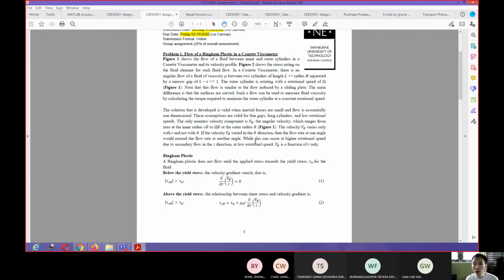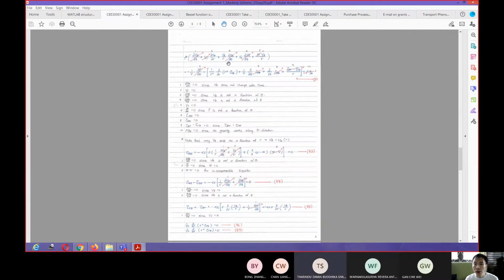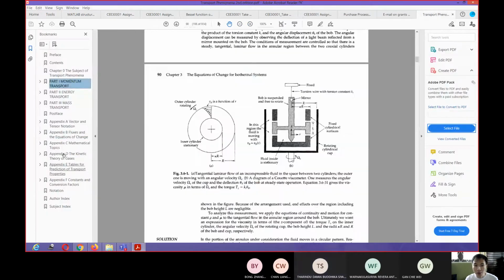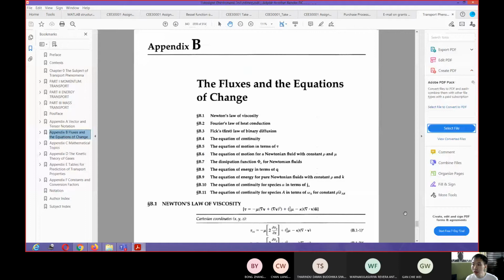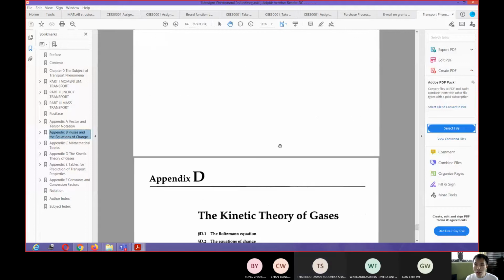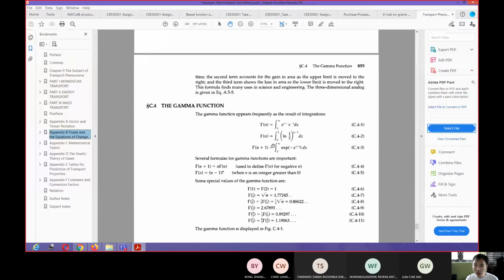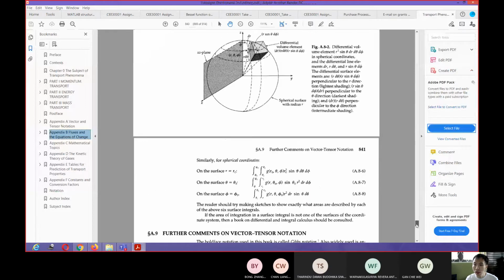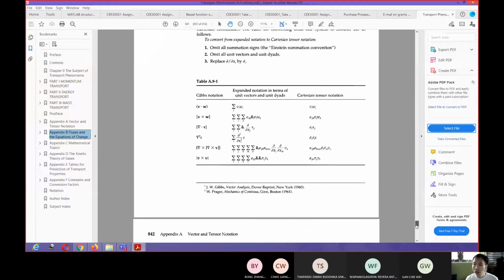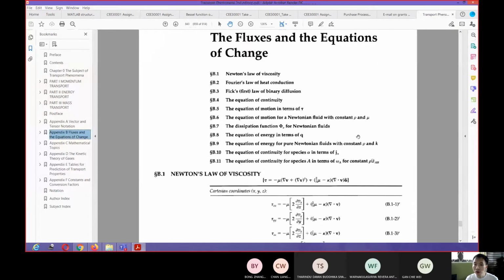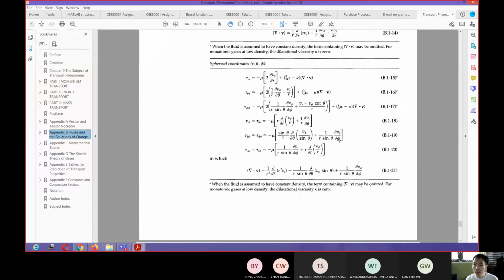Okay, so how do we solve this? We can solve it using appendix B, appendix B6 here. Sorry, I have to go up again. It's not really precise the way I'm using it, I have to scroll down slowly.